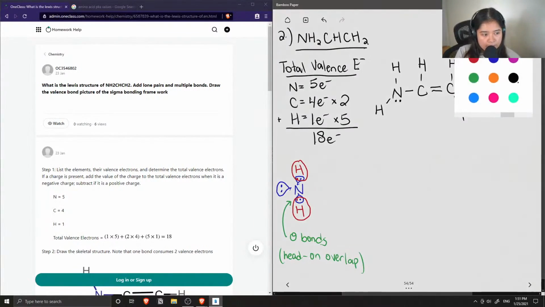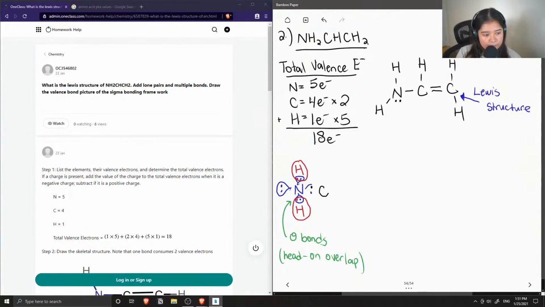Okay, so now let's try to do the same thing with our carbon. So I'll draw the 2 electrons shown in the middle that are being shared, and you can see another sigma bond is formed between the carbon and the nitrogen.